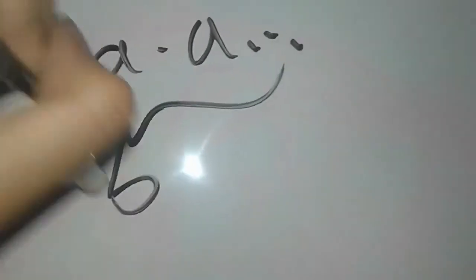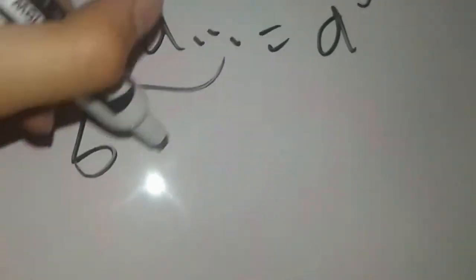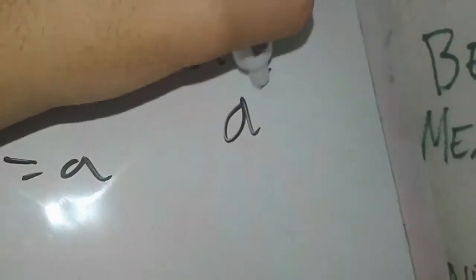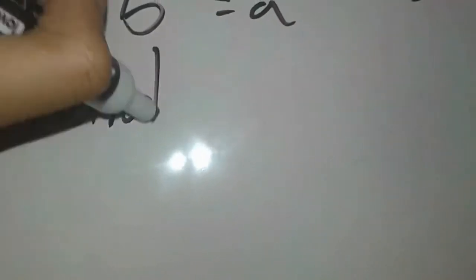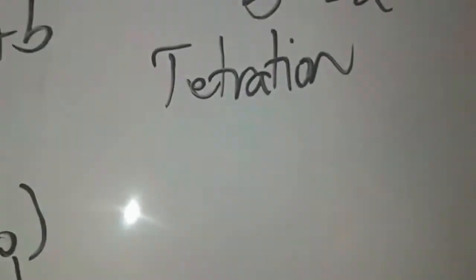Now we can go with exponentiation. Going with a times a times a, and so on, b times, we get a to the b power. If b is equal to a, we get a to the a power. Now for tetration, which is a bit higher, it's worth a lot more than exponentiation.